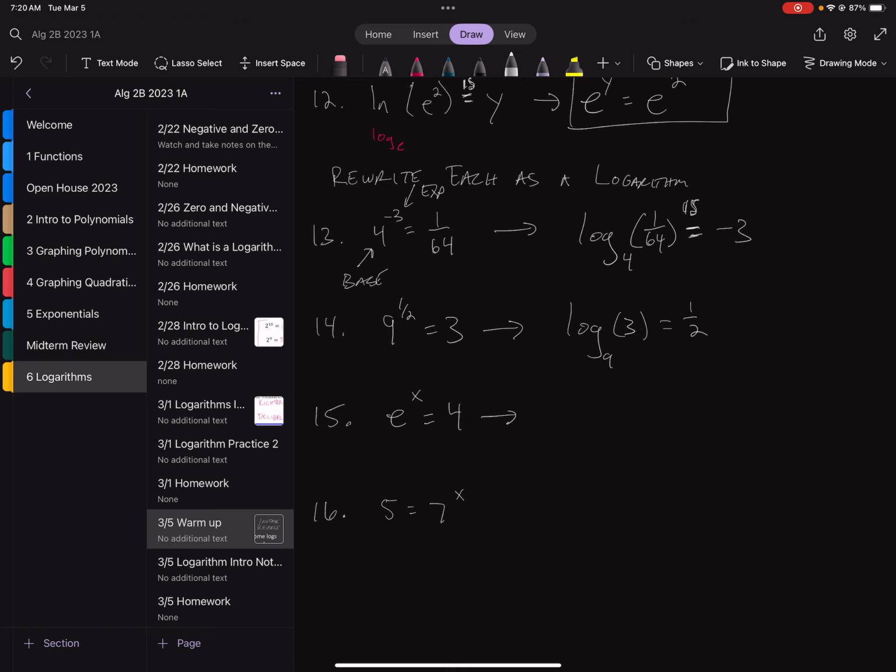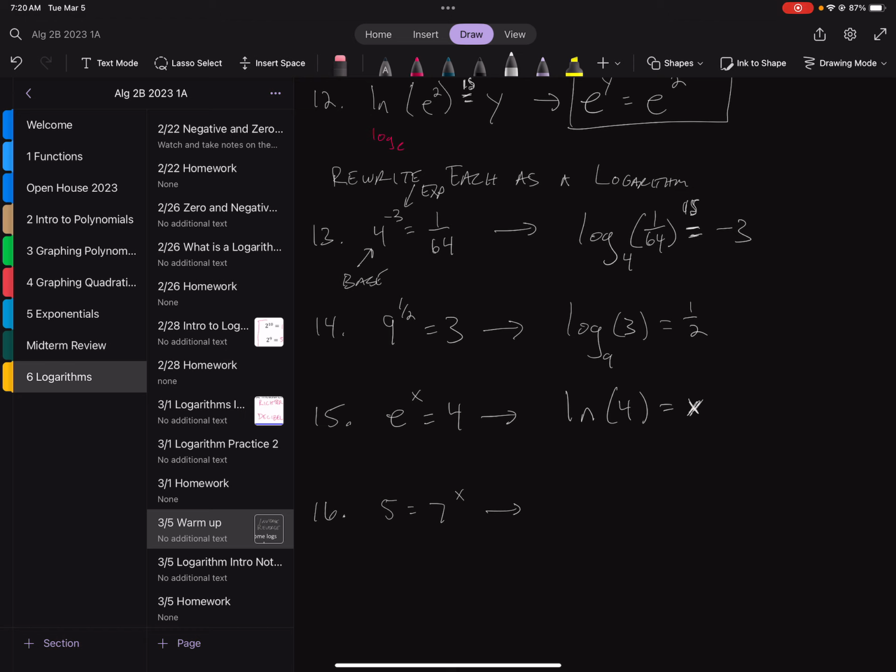This one, oh, we have that special number e for the base, so we don't write log base e. Mathematicians use a shorthand because we use this log a lot also. It's called the natural log, and we write ln of something is the exponent x, right? X is the exponent, so the log is the exponent, and then we say of 4.